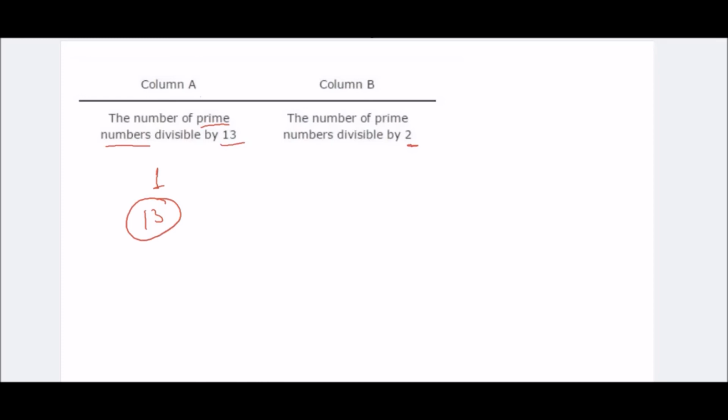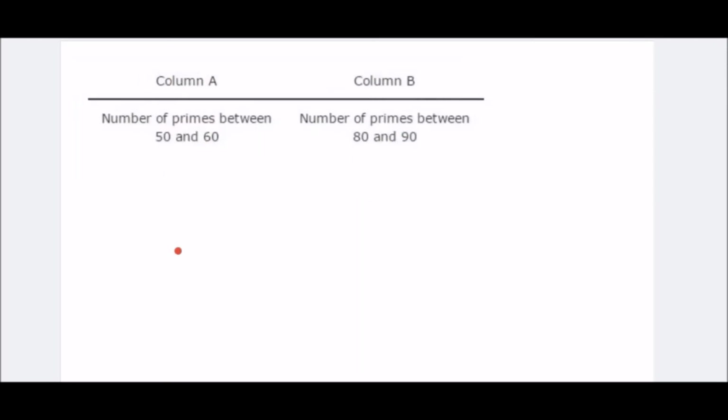If another number is divisible by 13, then that number will not be a prime number. So the number of prime numbers will be 1 here, and here also 2 is divisible by 2 only, because the same condition is applicable as column A, and that's why the number of prime numbers is 1 only, and both are equal. Answer choice will be option C.